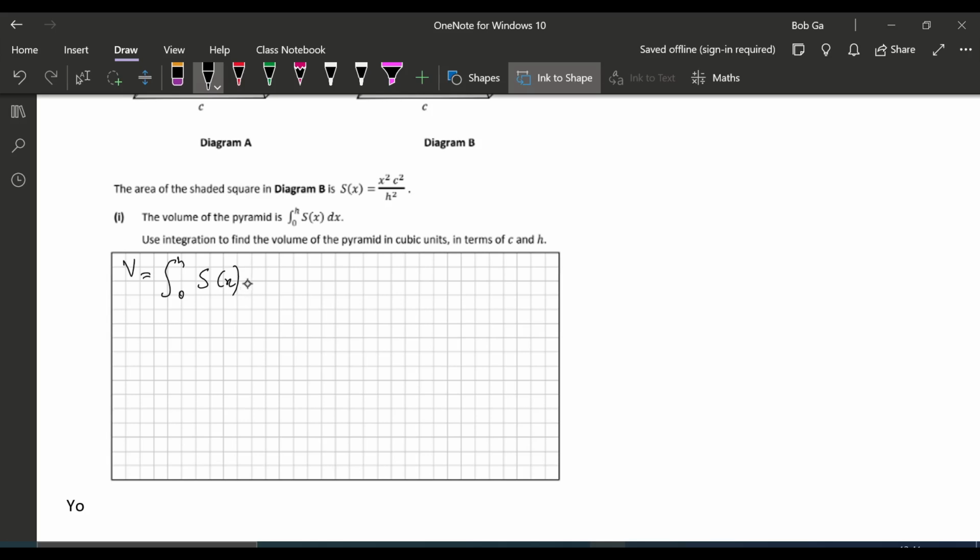Okay, dx, just copying down what we've been given there. In the place of s of x, now we'll replace it with this one here.